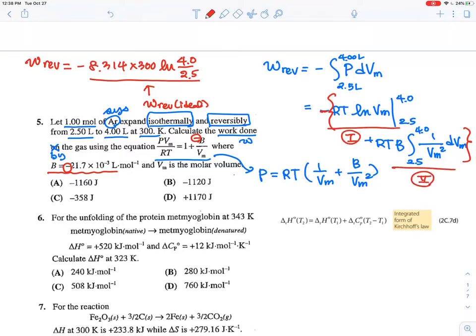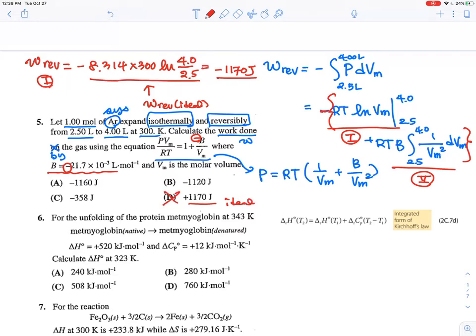The first term here is minus 1170 joules. So you already know that's the work amount being done, and the magnitude is 1170, and this is the ideal case, right? So this cannot be the one.